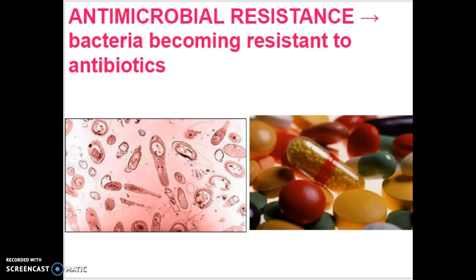Antimicrobial resistance is a problem that pharmaceutical companies are dealing with today. Bacteria are becoming resistant to the medicines that kill them, the antibiotics. Bacteria live for a very short amount of time, and they can reproduce quite prolifically in that short time.